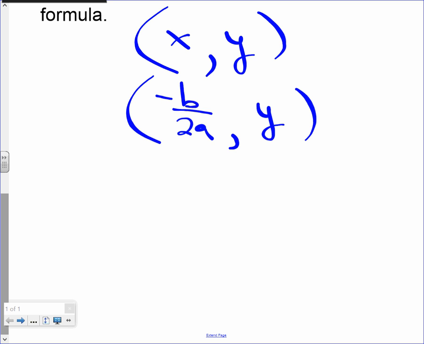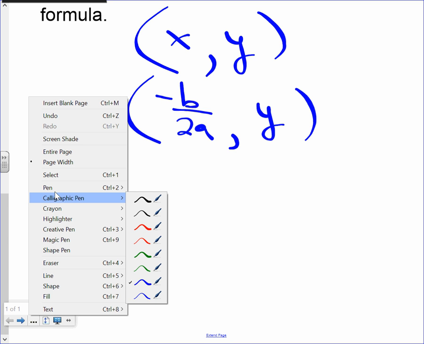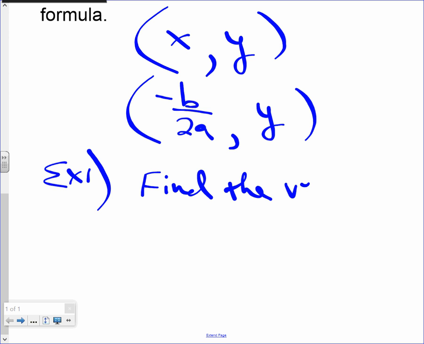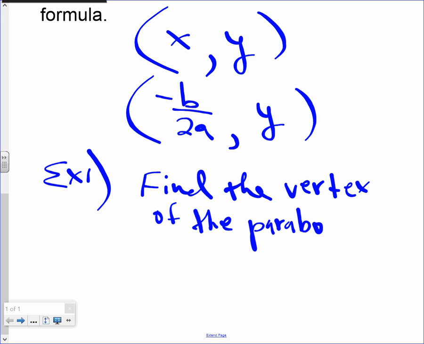Here we go. Example 1. Find the vertex of the parabola.